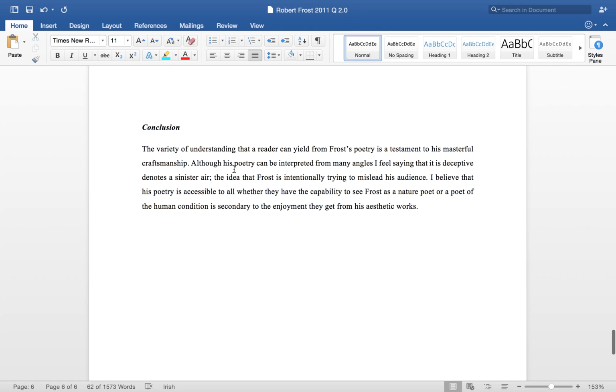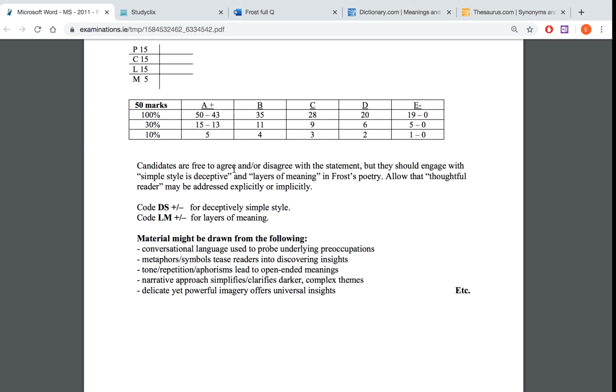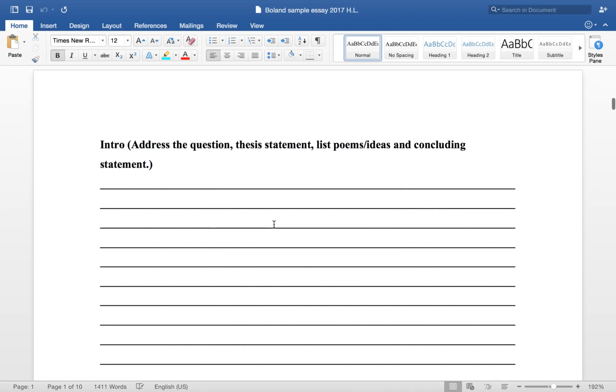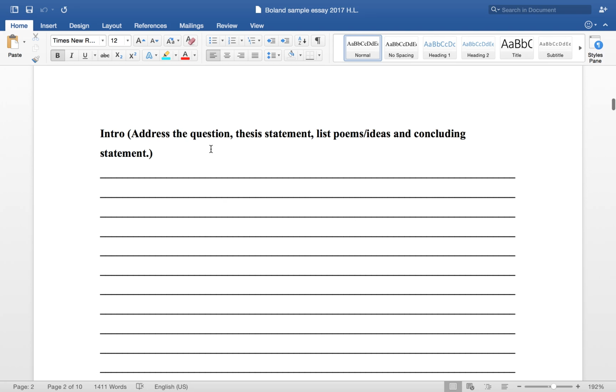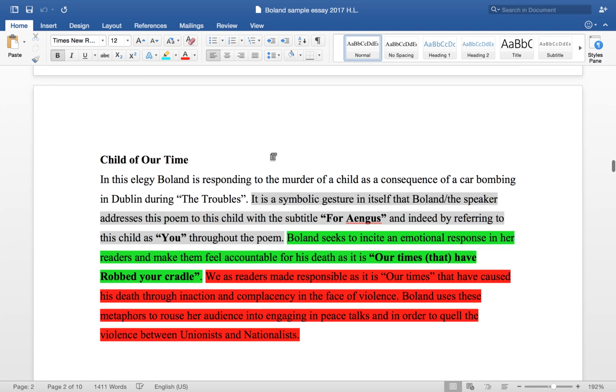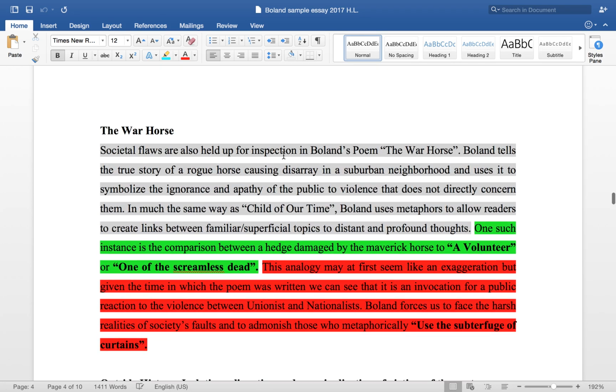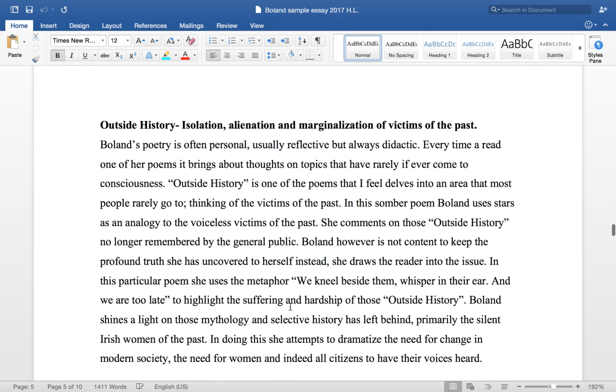Now, if we have a look at the conclusion here, I'm going to show you my Boland essay. So again, introduction, address the question, thesis statement, list poems, ideas, and concluding statement. And you can see again, I've split up the point, quotation, and explanation.